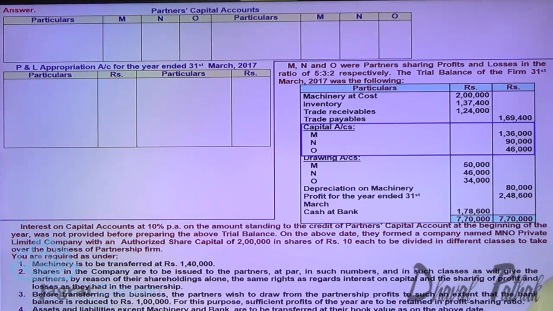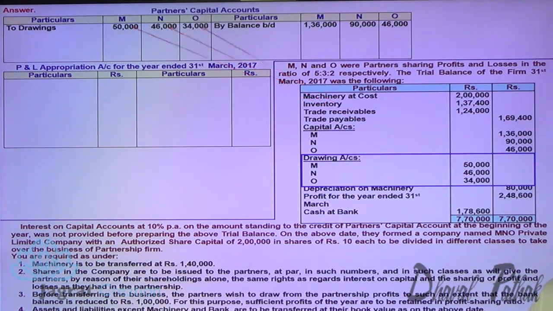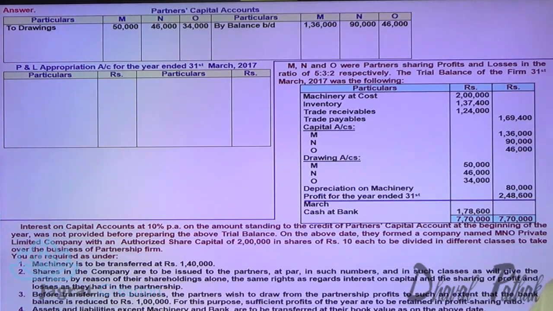I will write the opening balance of capital account in the capital accounts on the credit side, M, N and O. Drawings during the year will be debited to capital account, M, N and O. Profit for the year recorded to the credit side of profit and loss appropriation account.